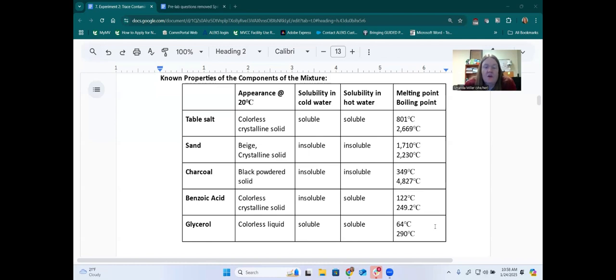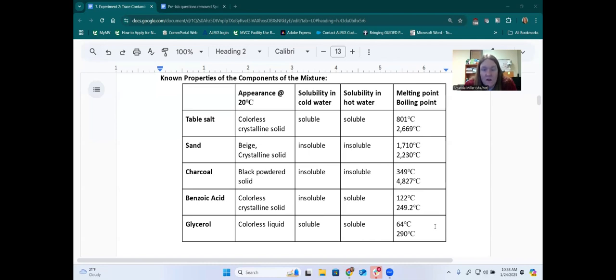Okay, so then we have solubility in cold water. So if I have ice water, salt will still dissolve. That's what solubility means. It can dissolve. So salt is soluble in cold water. Sand is not soluble in cold water, so it will be a solid that sinks to the bottom eventually of a sample of water.